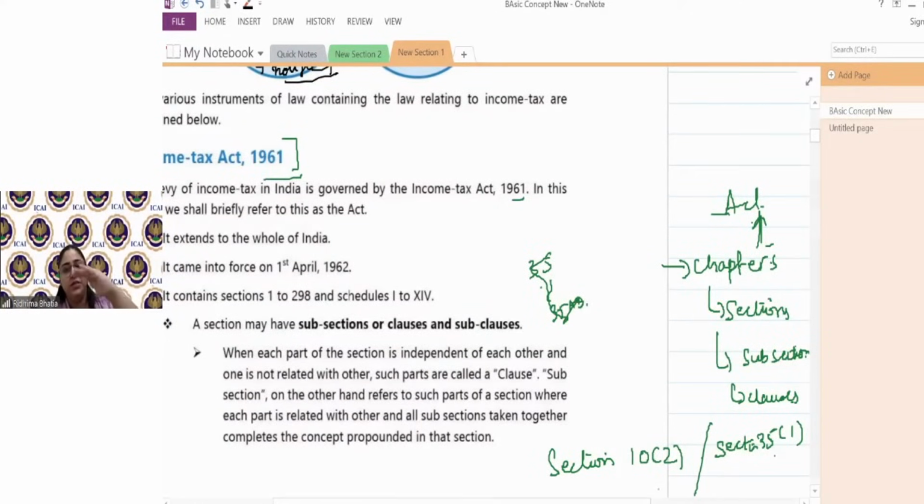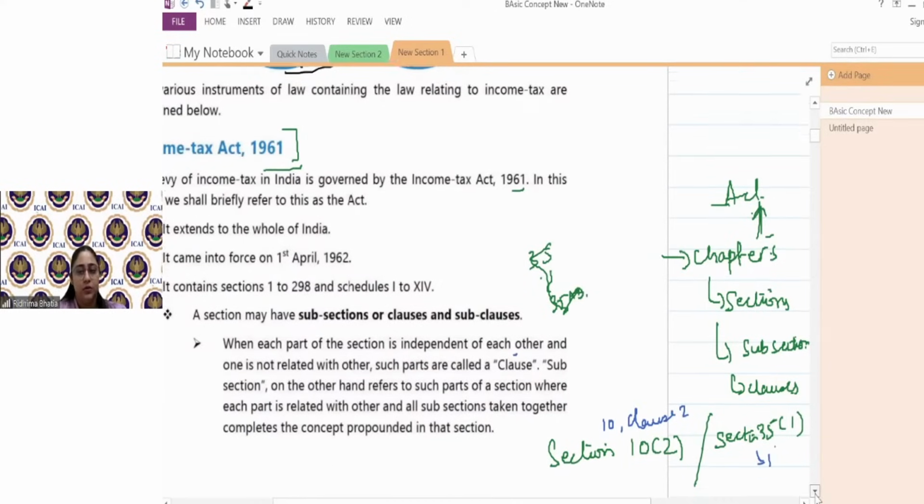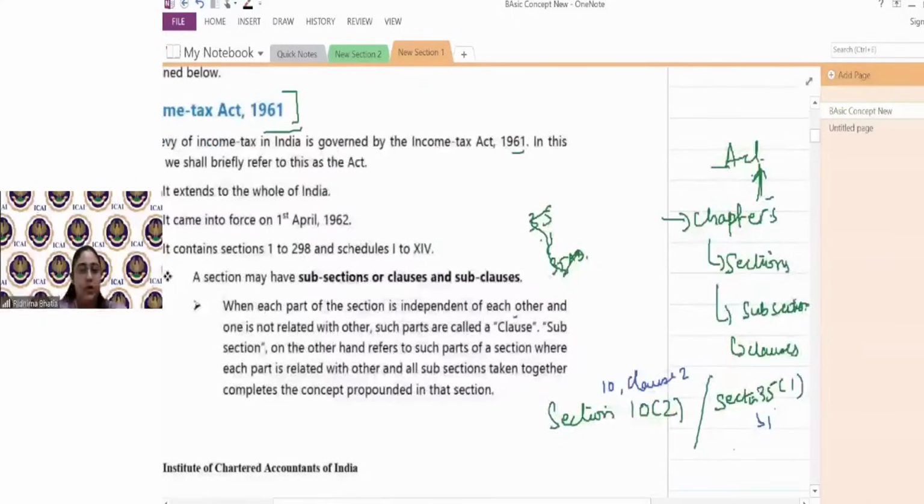Generally, I told you sections, subsections, clauses and subclauses and so on. But friends, this is called section 10 clause 2. And this is called section 35 subsection 1. अब आप बोलोगे कि मैम व्हाट इज द डिफरेंस?